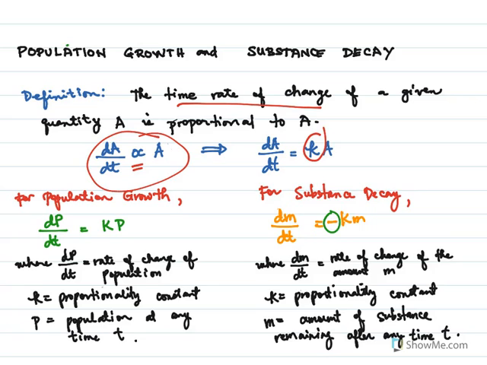If we're talking about population and you have a positive kP, that means we are talking about something that is growing. Another application here would be investment, for example, or compounding interest.